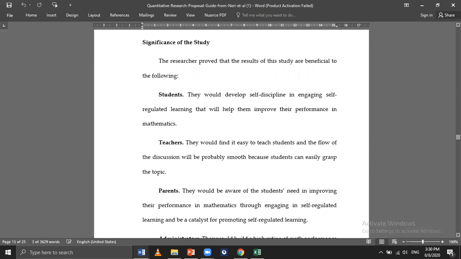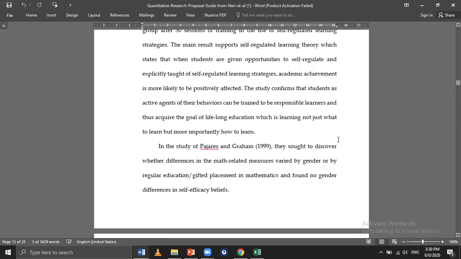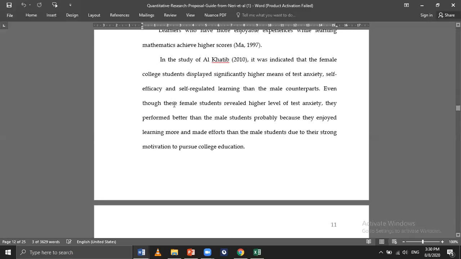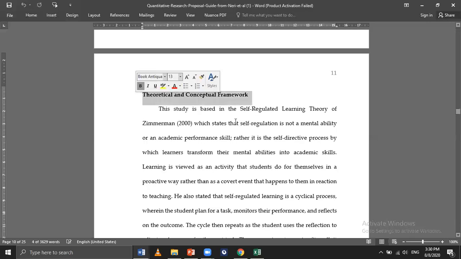So let's start talking about the first, of course, the theoretical and conceptual framework. Now, theoretical and conceptual framework is the background of your study. It is somehow the basis, the foundation, and the backbone of your study. Without this, you will not have the guide.